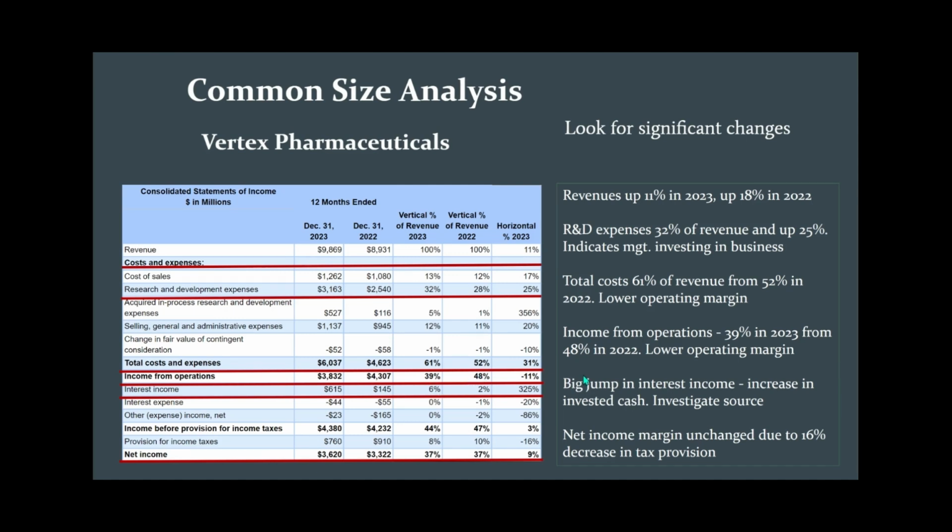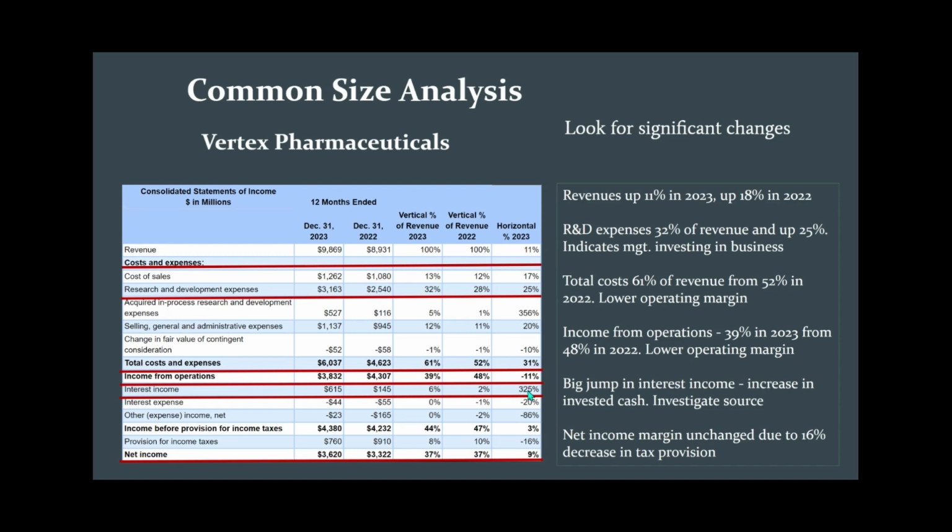Other things we see happening, big jump in interest income. If we look at interest income, we see where that moved from 145 million to 615 million. And we picked up that by looking at the percentages. It moved from 2% of revenues to 6% in 2023, and the year-over-year increase was 325%.